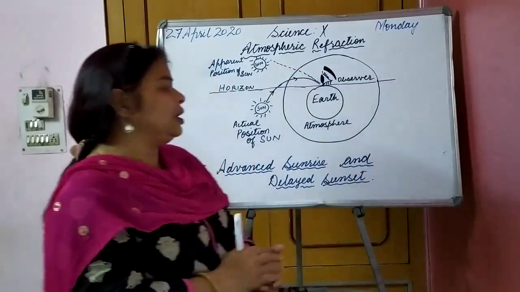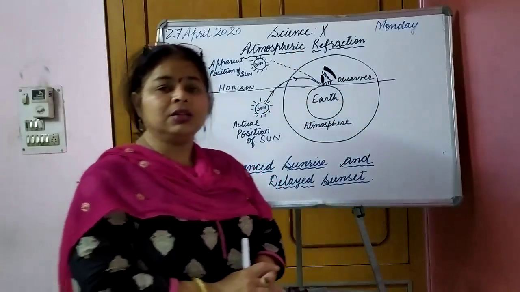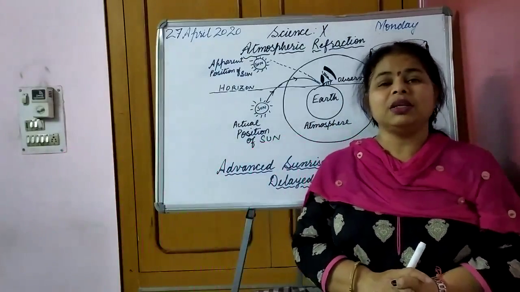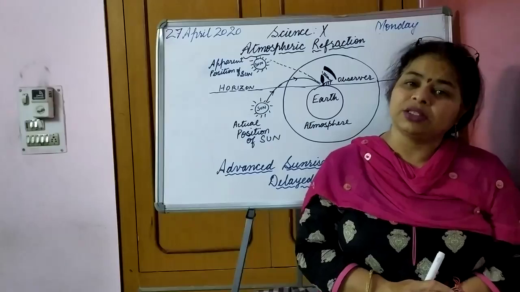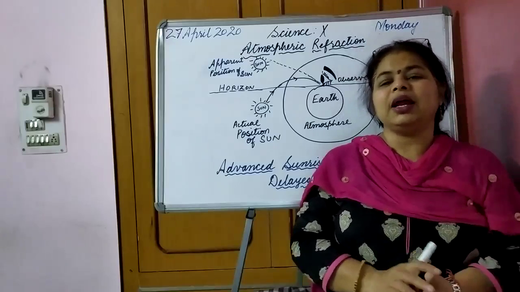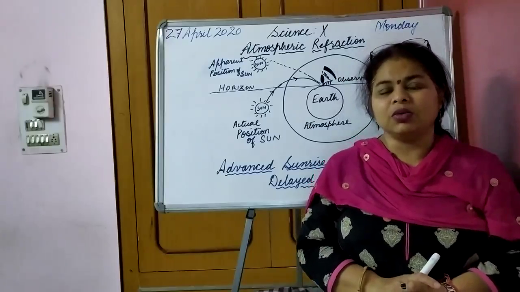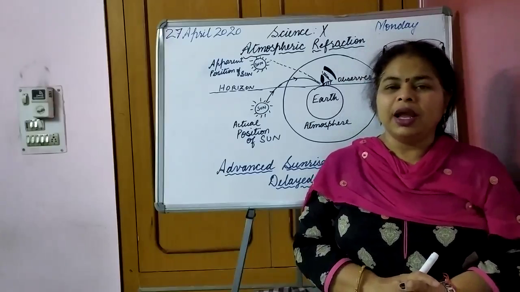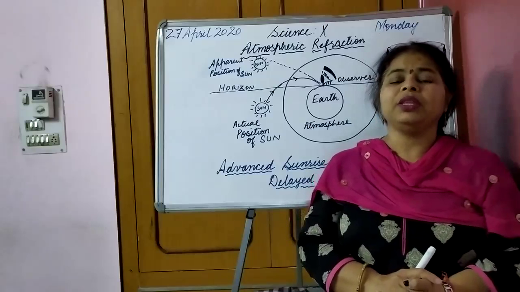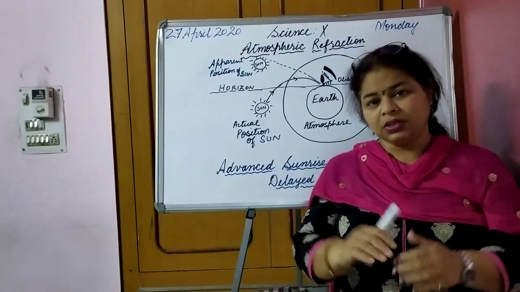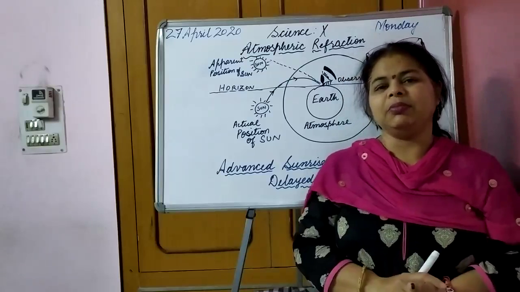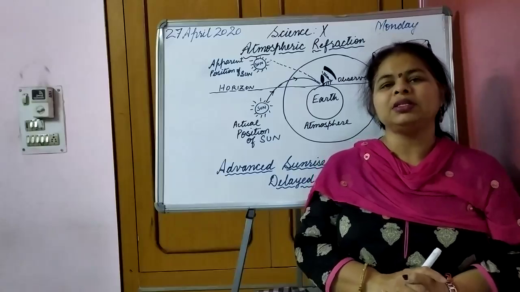So here the question can be asked how the advanced sunrise and delayed sunset take place. What is the phenomenon behind it? And you can be asked in one word also, in MCQs also, that the sun rises or sets with how many minutes time difference.